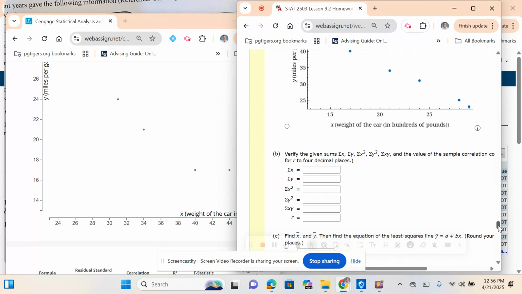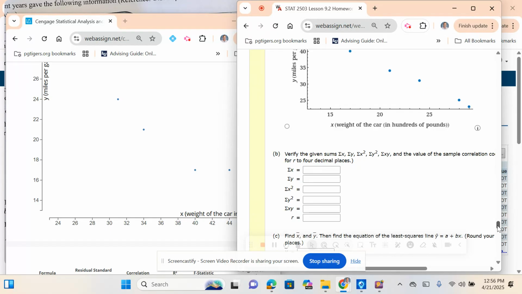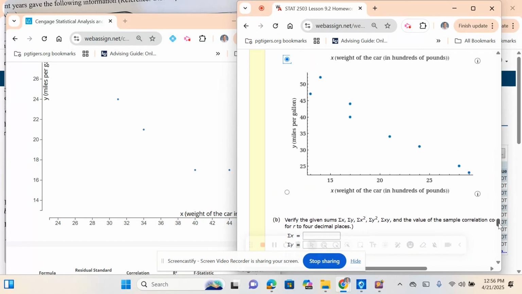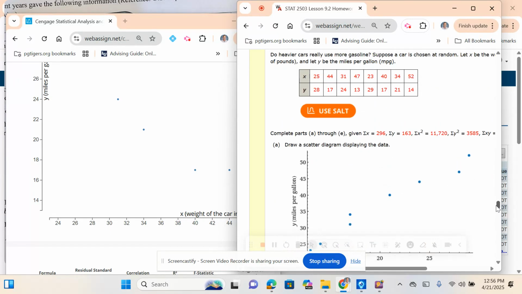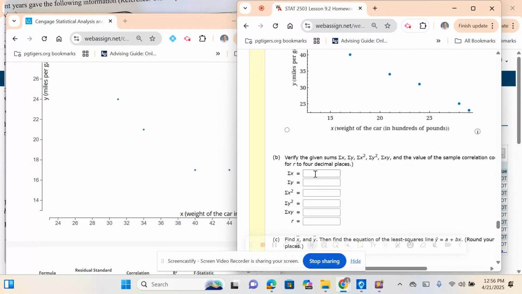Now, these statistics you can get in a variety of ways. You could verify the sums and the values using descriptive statistics, or you could just copy these down. So you could literally just go Control C on the sum of the X's, come down here and paste it in there.